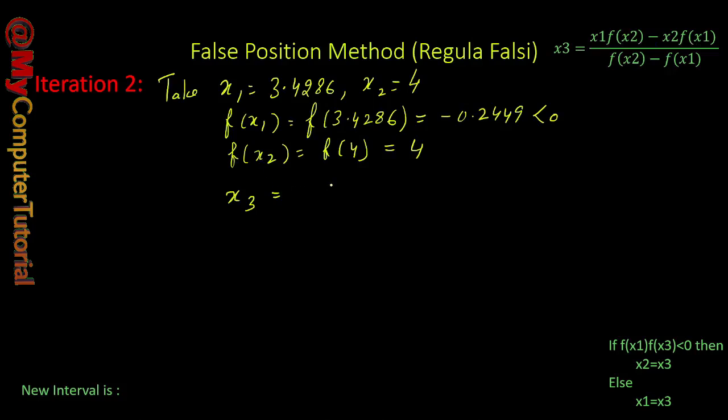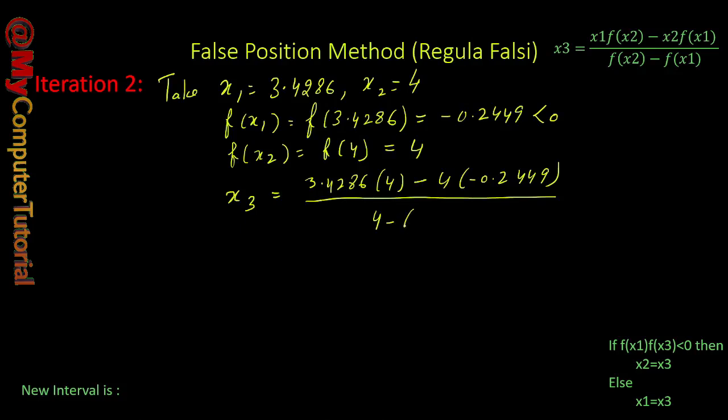Substituting values: 3.4286 multiplied by 4 minus 4 into minus 0.2449, divided by 4 minus minus 0.2449.